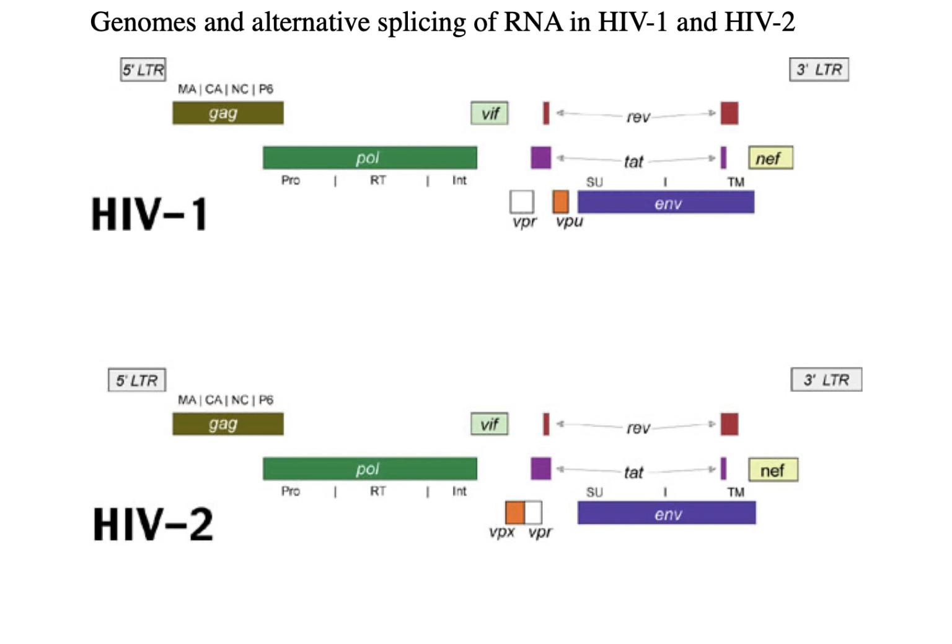Also notice that the TAT and the REV genes are split, and so you have splicing of those in the RNA to make those particular mRNAs to produce those particular proteins, and those are important in the infectious and integrative parts of the life cycle of this virus.